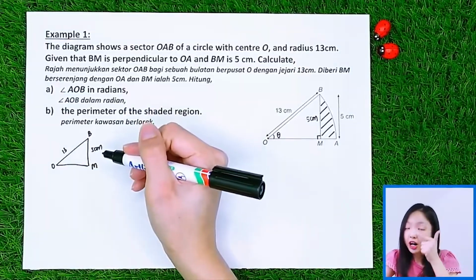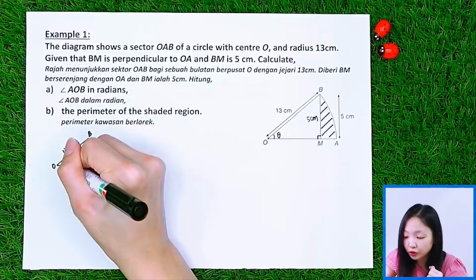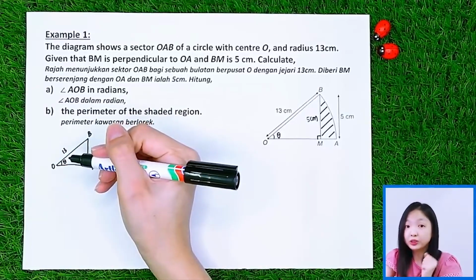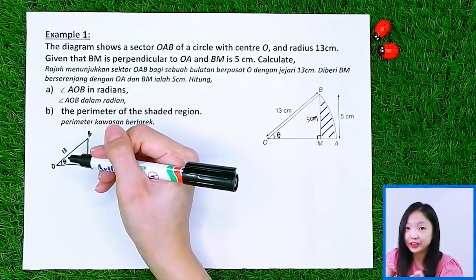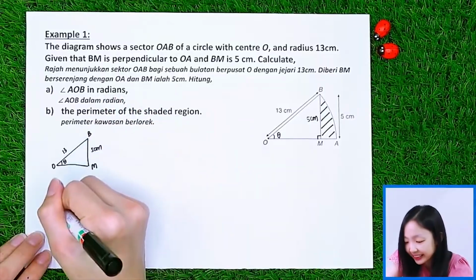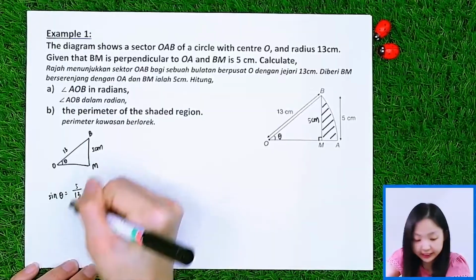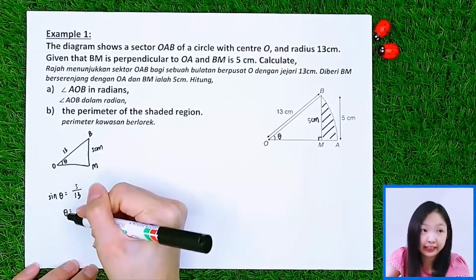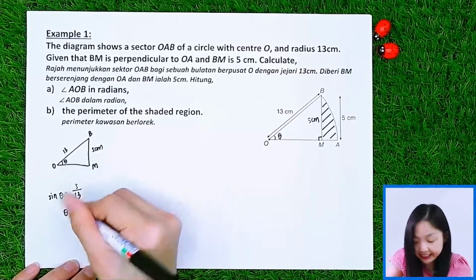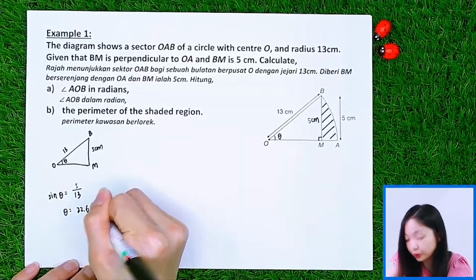Sine, cos, and tangent, which one should I use to find the angle? I should use sine. So sine theta equals 5 over 13. By using your calculator, you can find the answer is 22.62 degree.